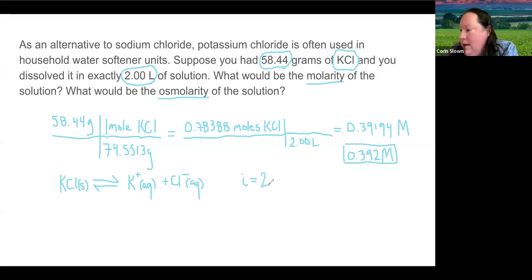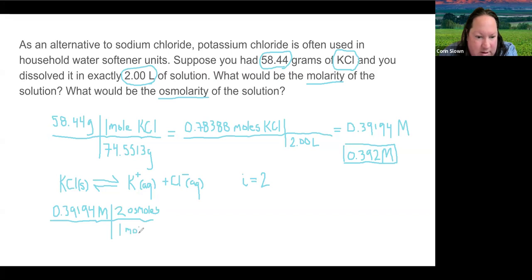So then to calculate our osmolarity, it's going to be 0.39194 capital M times 2 osmoles per 1 mole of KCl, which is going to give us 0.784, and that's osmoles per liter.